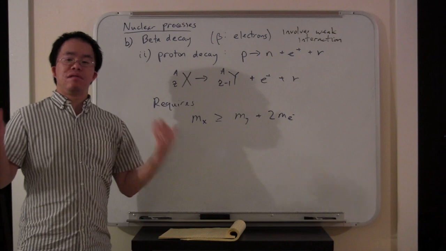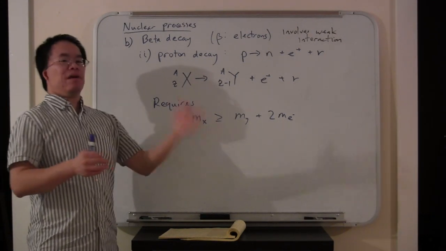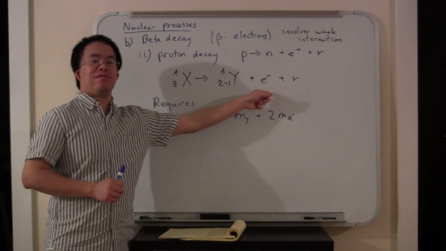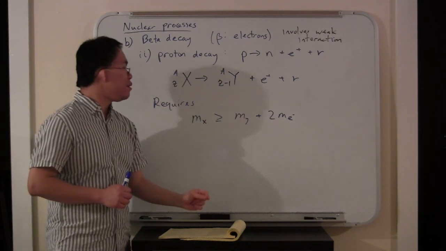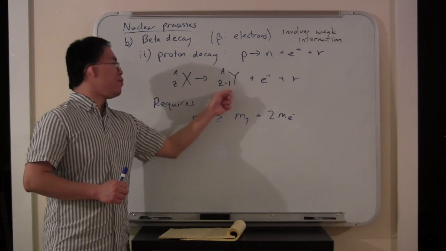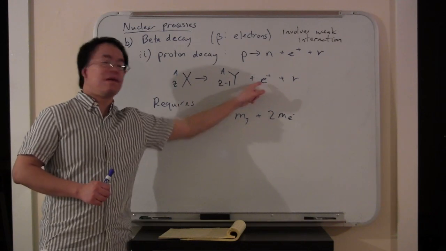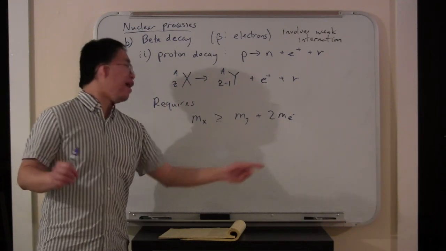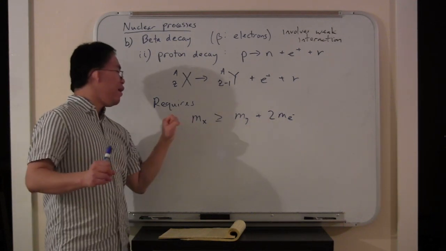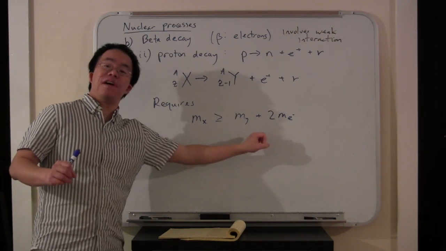So now my daughter atom Y actually has an extra electron compared to its normal state. And so we have to account for that when we're looking at the mass of all the components over here. We have the daughter atom, but what we actually get has an extra electron, so that's 1 Me, and we also have to account for the mass of the positron, but that is exactly the electron mass. Hence, this is the criterion for the initial stuff to have more rest energy than the final stuff.